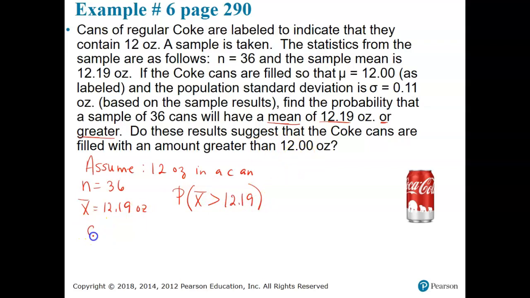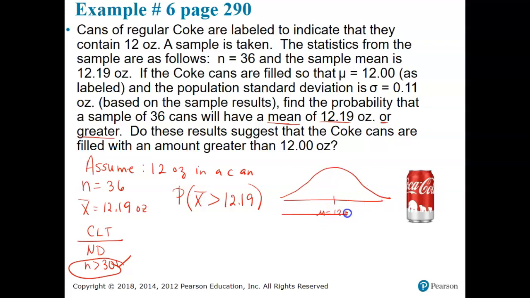Okay, so we are going to have to use the central limit theorem. So I need to either know it's normally distributed or n's greater than 30. Well, our sample size is 36, so I automatically know that one, and so I'm good to use this. If I look at the graph here, my mean is 12.